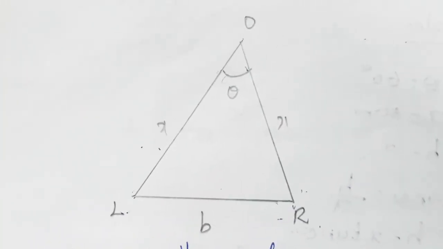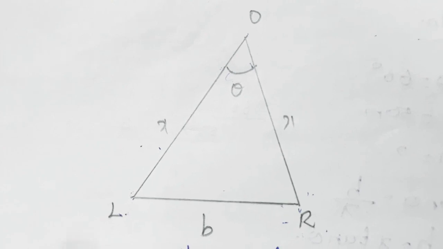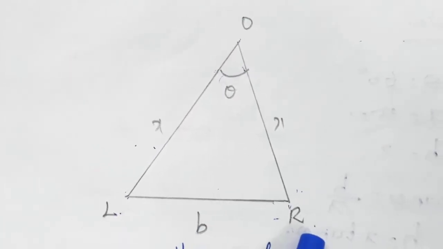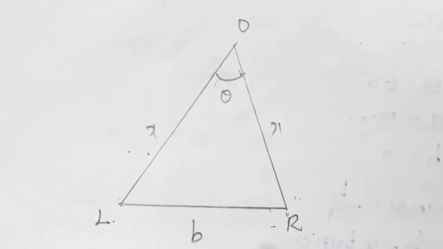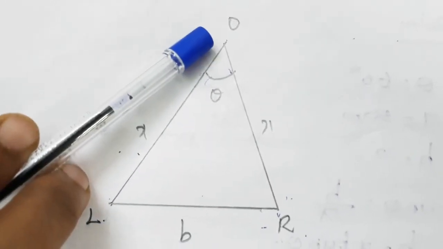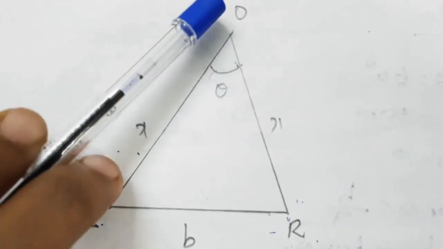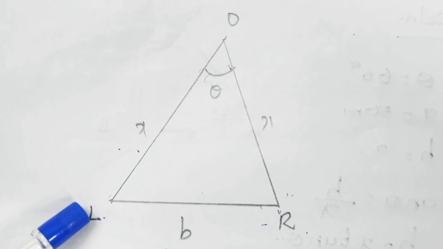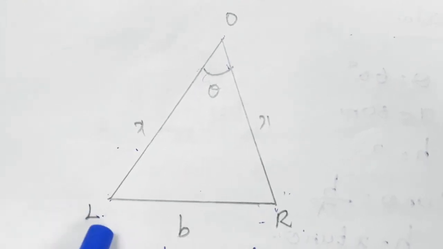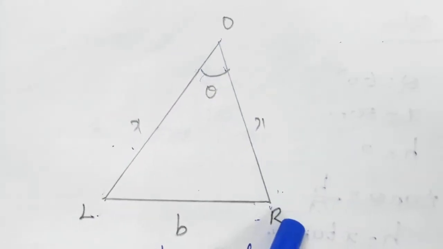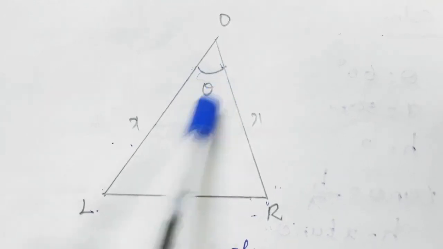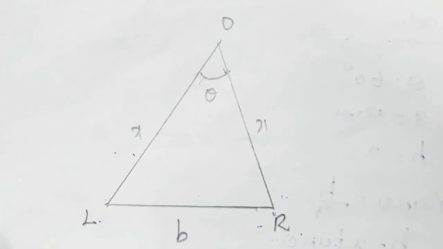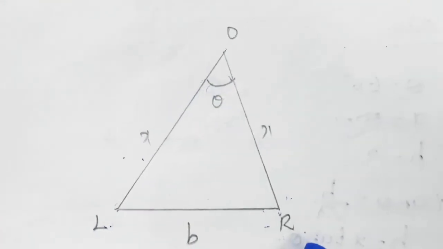How can we calculate the distance using the parallax method? Look at this figure. Consider this is the left eye L, this is the right eye R, and this is the object O, a very large distance object. Here LOR is known as the parallax angle, or parallactic angle.